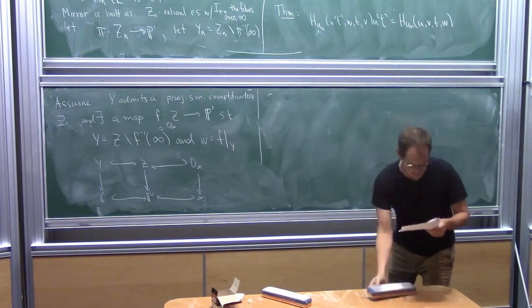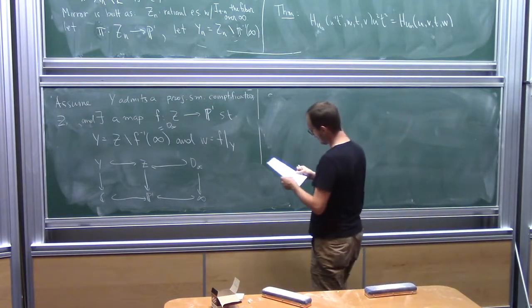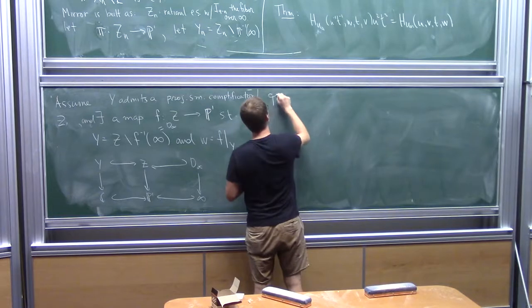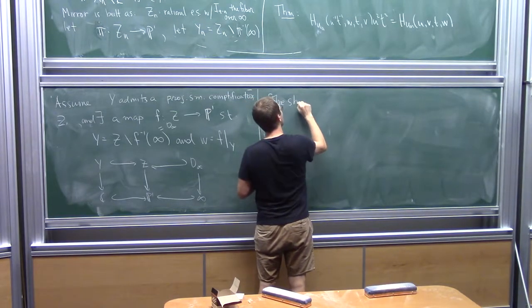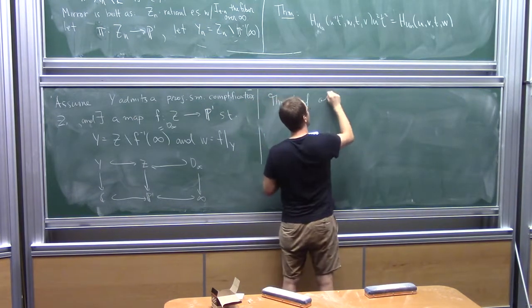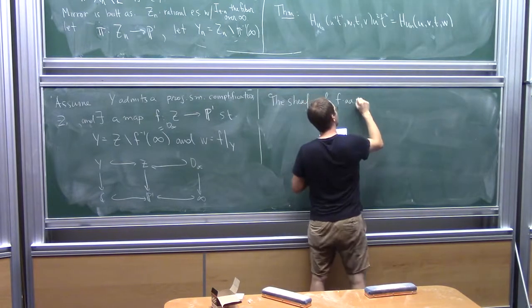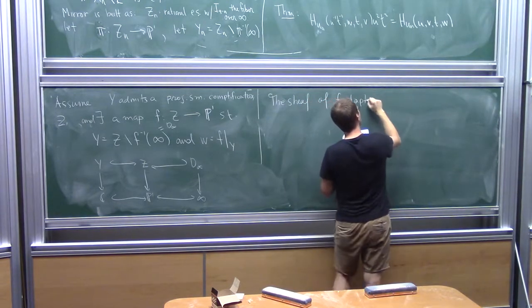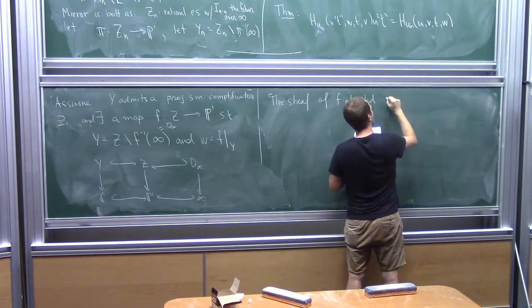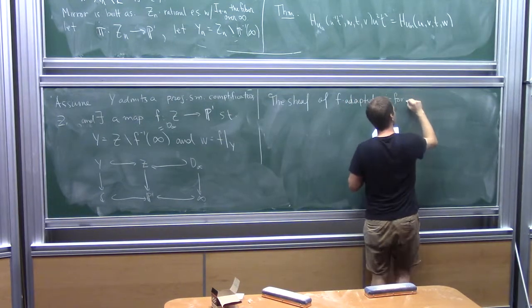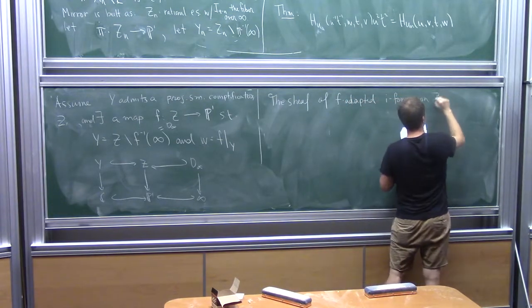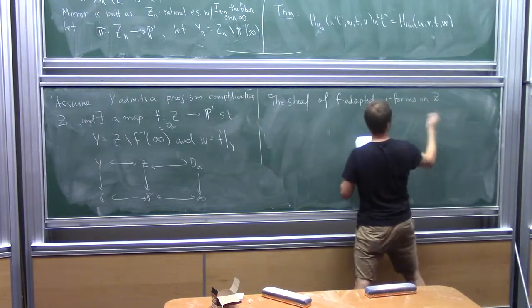Okay, so we define the F-adapted one-forms on Z. The sheaf of F-adapted one-forms on Z is the following.